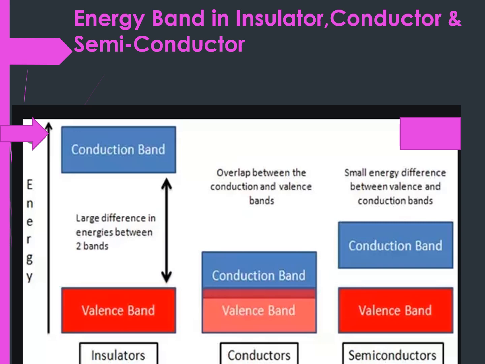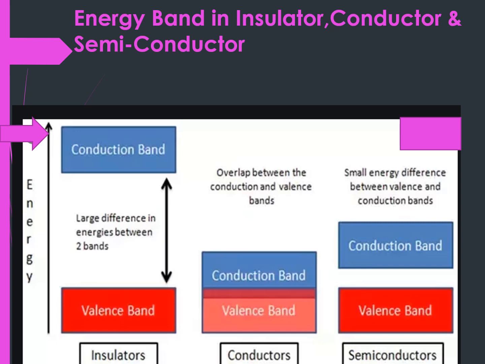In case of an insulator, if you can supply that amount of energy, about 6 to 9 electron volt, to an electron, then it will jump to the conduction band from the valence band. Now, if I heat an insulator to such an extent, what will happen actually?